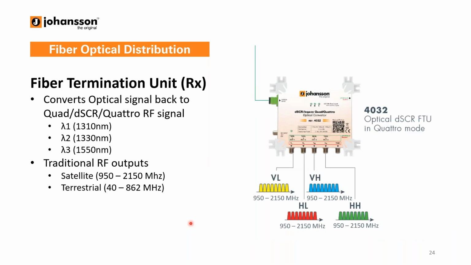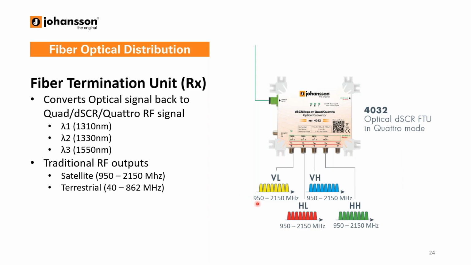We also have another type of optical receiver, which we call a fiber termination unit. What is the main difference? Here, the signal which comes out of the RF output is not the same anymore as the signal which went in. So imagine that you have a wideband LNB. This unit will convert the wideband signal back to the 4 quadrants like in a quad-core LNB. It will convert the signal again to 950 to 2150 megahertz. And this is of course necessary because most decoders or set-top boxes, they don't support wideband yet.